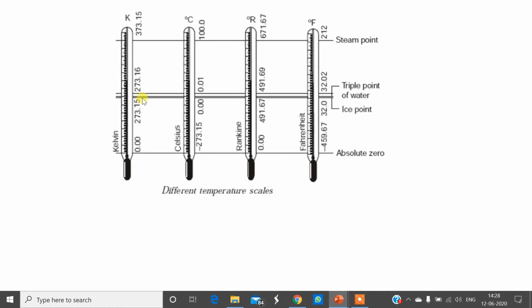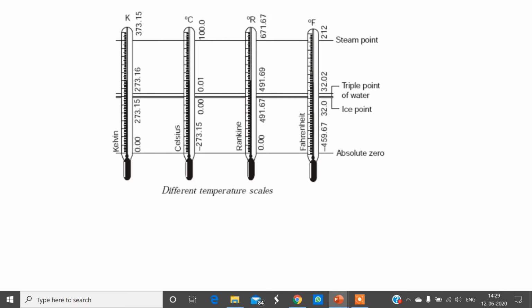Now look at here, above 0 degrees Celsius there is one more line. On that line the temperature is 0.01 degrees Celsius. This line represents the triple point. Now what is the triple point? Triple point is the temperature at which all three phases of water coexist.